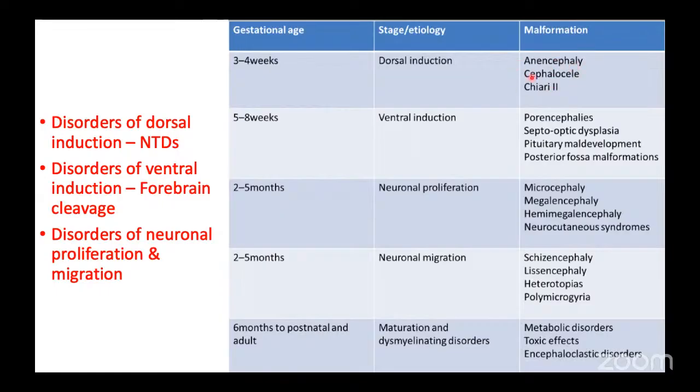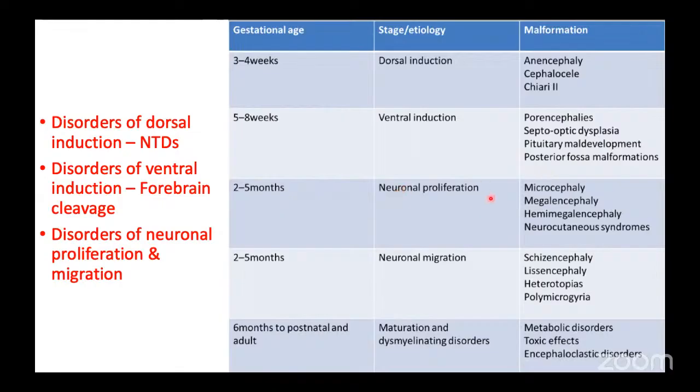And then your cephaloceles, which is similar to the myelomeningocele. Basically just herniation of the brain out of the skull through a defect. Then you have disorders of ventral induction. You can see a few of them here, septal dysplasia, posterior fossa malformations are the common ones.